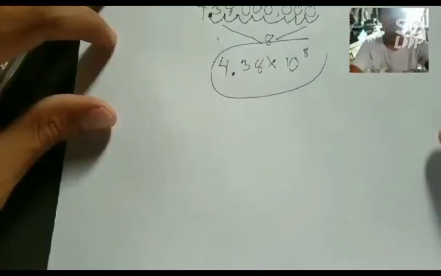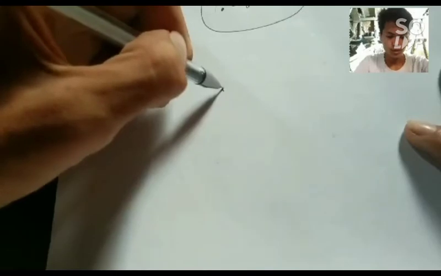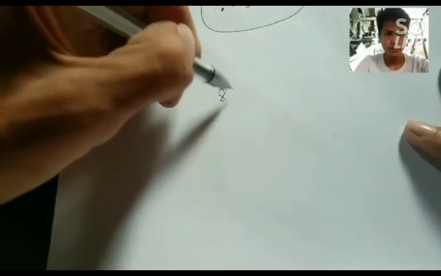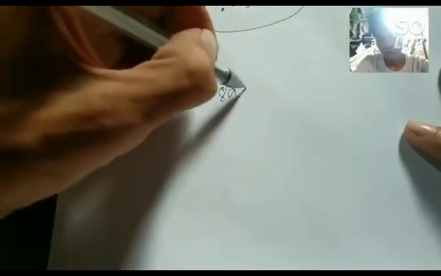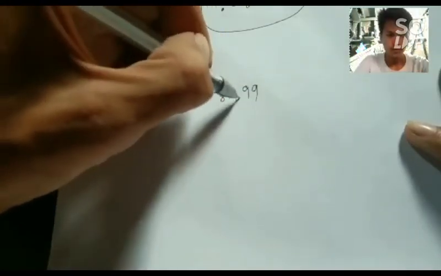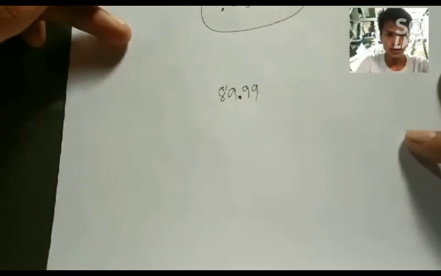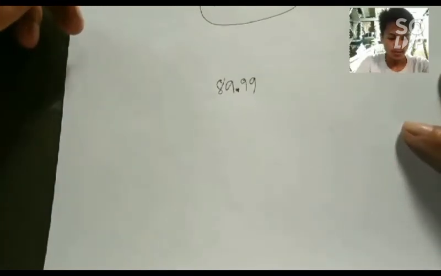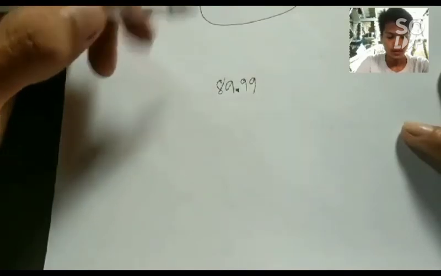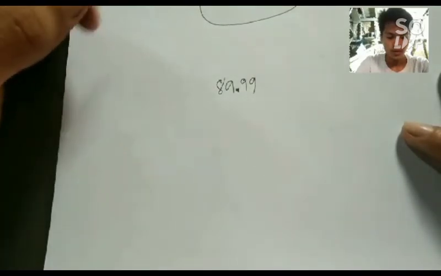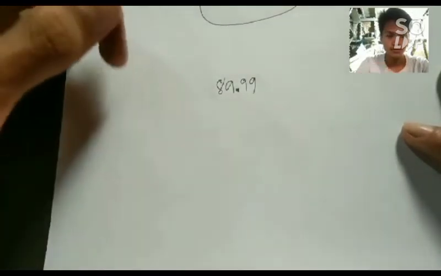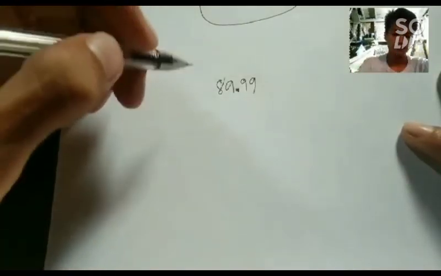Let's try our activity applying the scientific notation. So the number is 89.99. Move the decimal point to make a new number between 1 and 10, because our number is greater than 10.